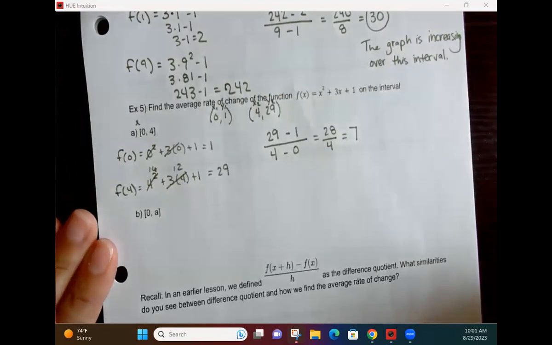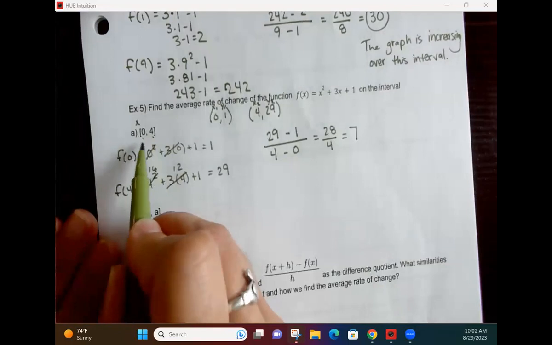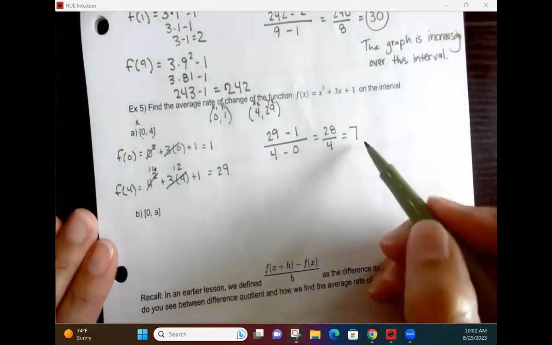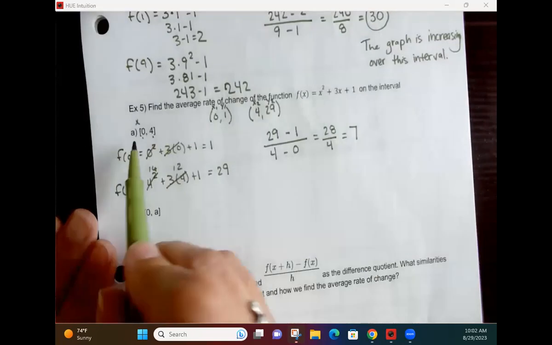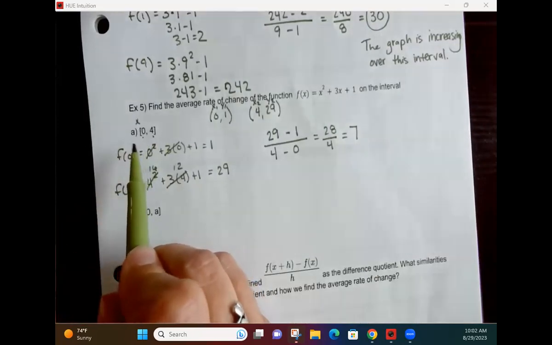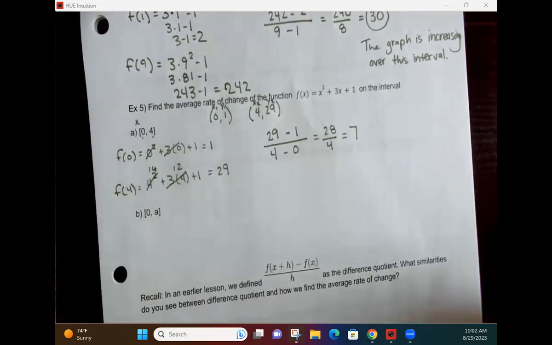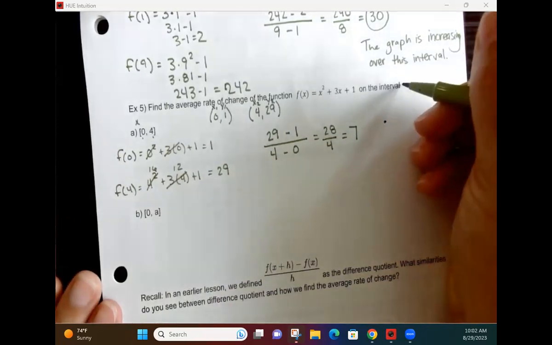So our average rate of change on the interval 0 to 4 for this function f of x is 7. So would we expect our graph to be increasing or decreasing over this interval? What did we say? Sorry. Increasing. How do you know it's increasing? The rate of change is positive. Yep.